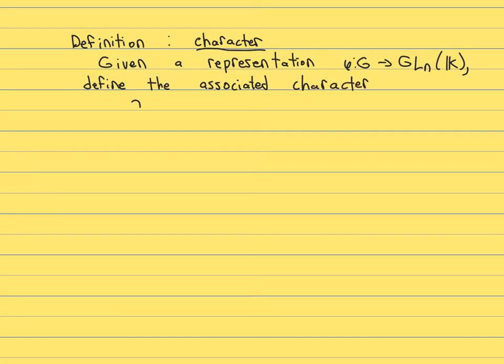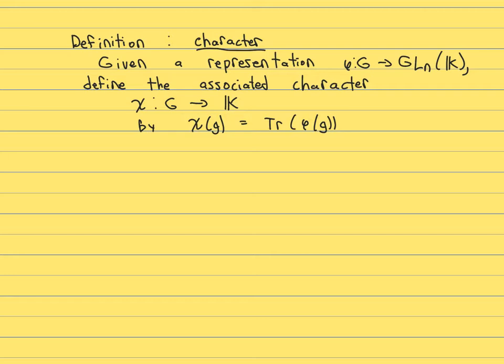It's usually denoted chi. It has domain G. It has codomain the underlying field. And chi of G is just defined to be the trace of the associated matrix.